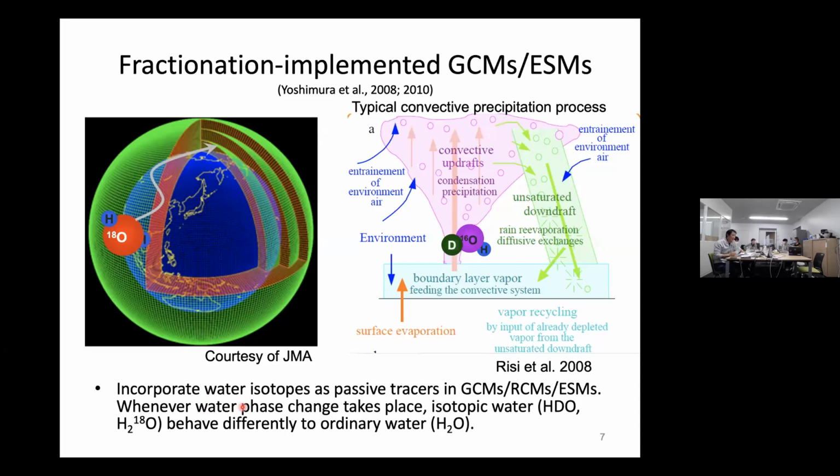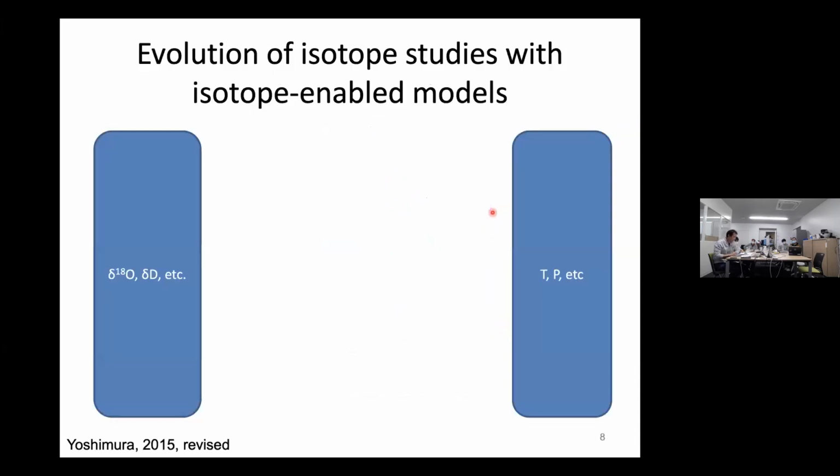Whenever phase changes occur, the isotopic water behaves differently from ordinary water, and this is implemented. So we need to look at where phase changes occur, which is related to wet processes, like precipitation or condensation processes.